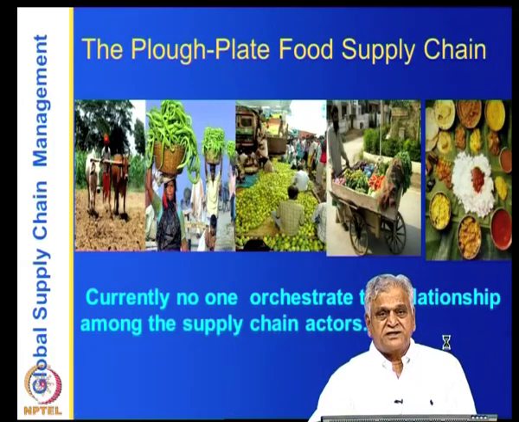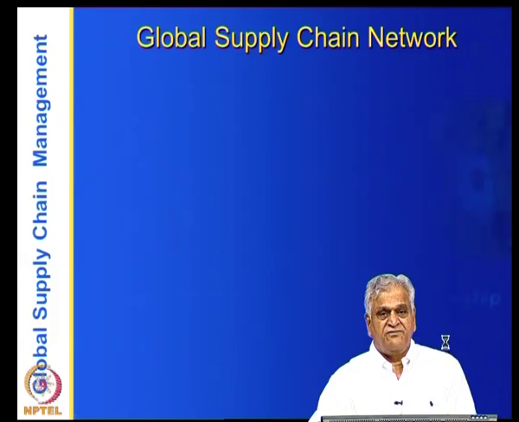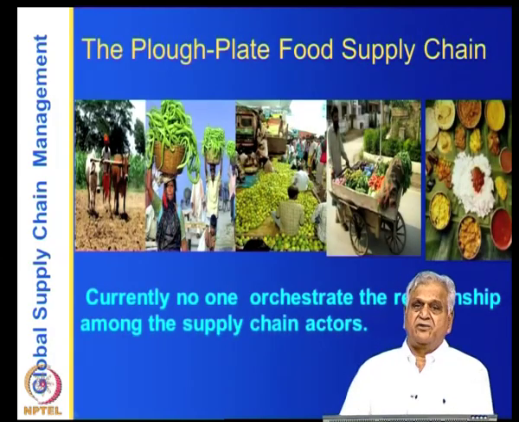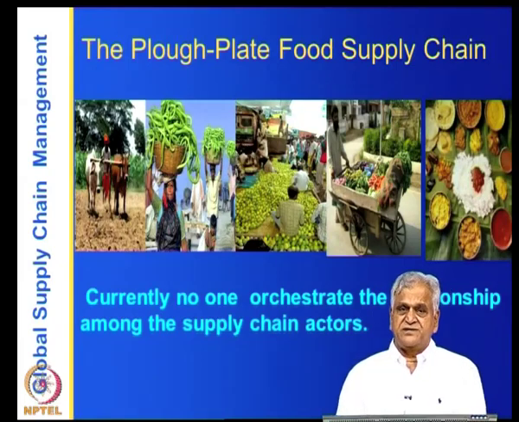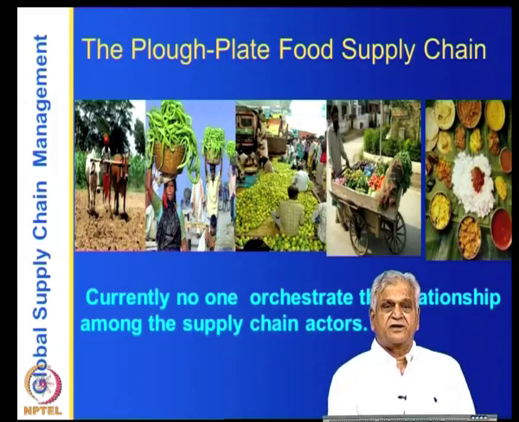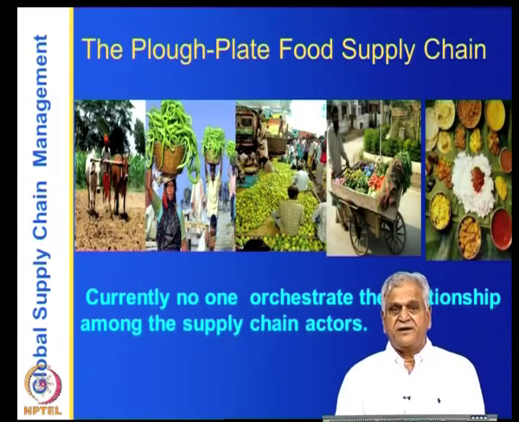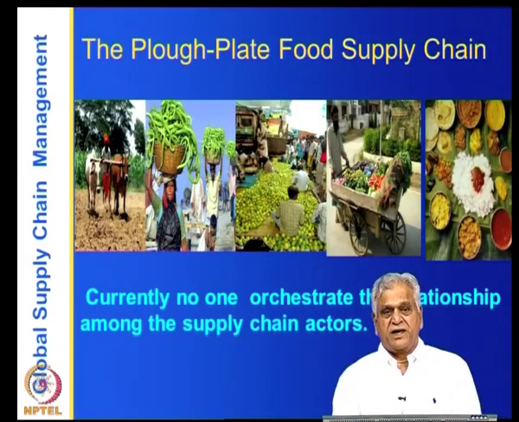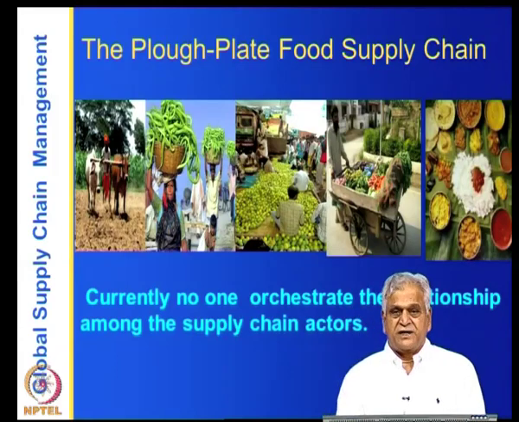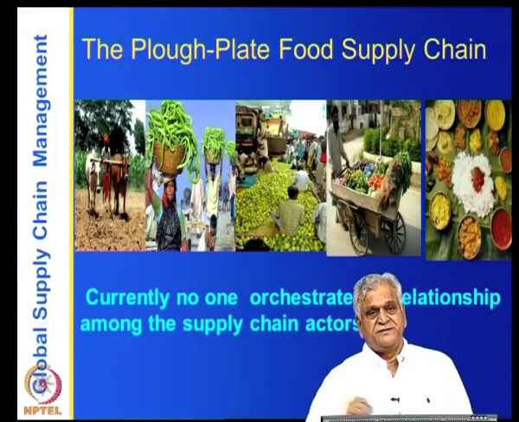But here, in the plow to plate food supply chain network, this is why people say the Indian agriculture food supply chain network is fragmented and inefficient. It's inefficient because the players are not connected, and there is no ordering system here.